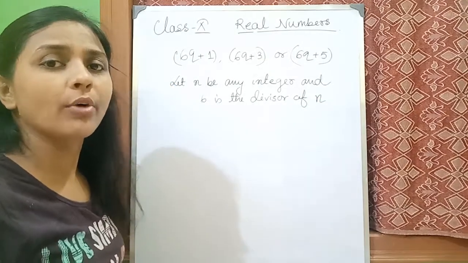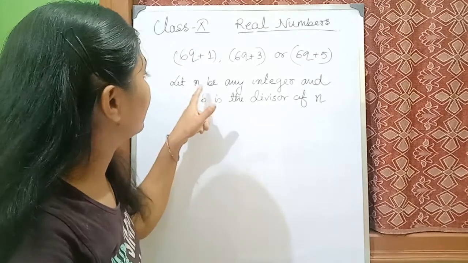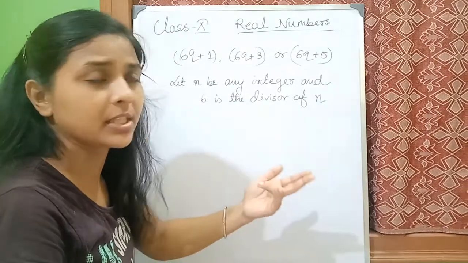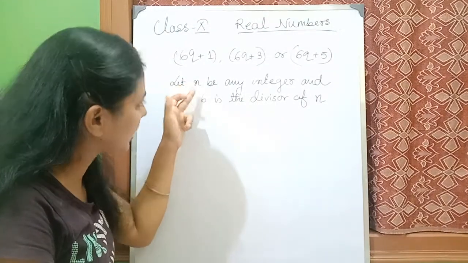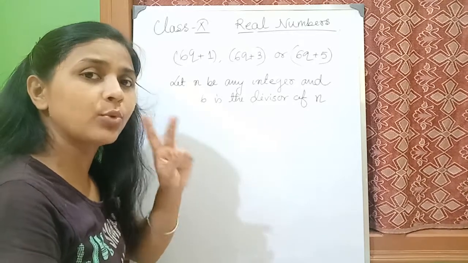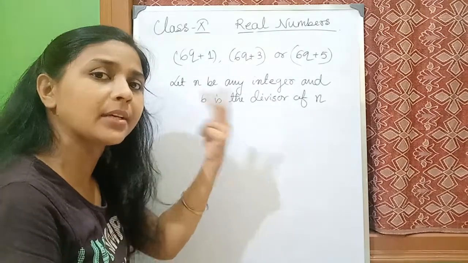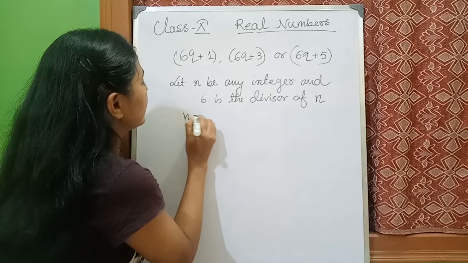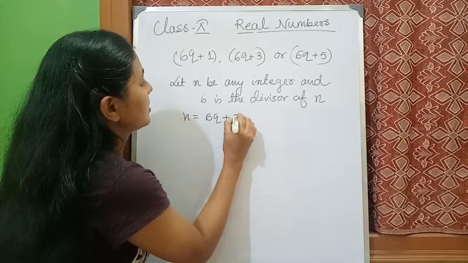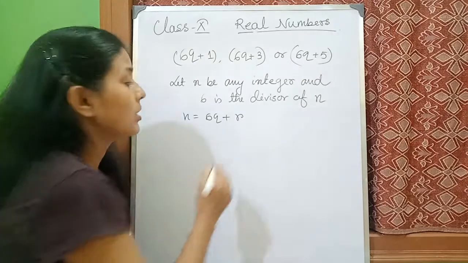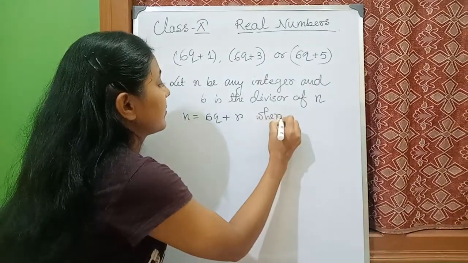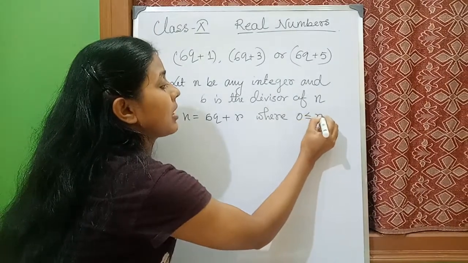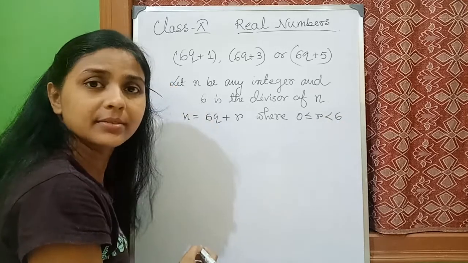Now, by Euclid's division lemma, for any two integers a and b, there exist two unique numbers, that means quotient and remainder, and the form will be like this: n equals 6q plus r, where, look at the divisor, 0 less than or equal to r less than 6.